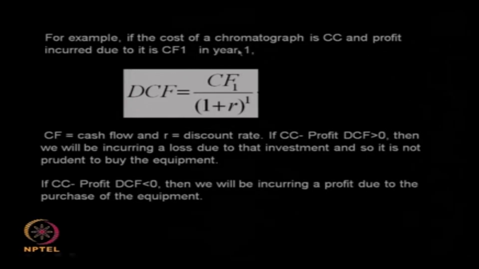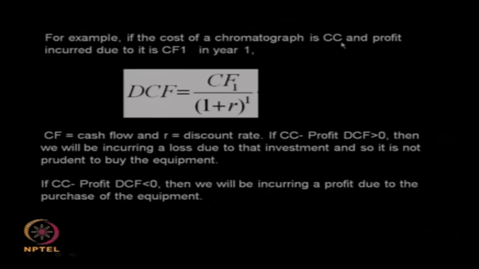For example, let us look at it. I bought a chromatograph for Cc rupees, and then I get some profit of Cf1 in year 1. But I spent the money for the chromatograph today, that is year 0, and I got a profit in year 1, that is next year, of Cf1.